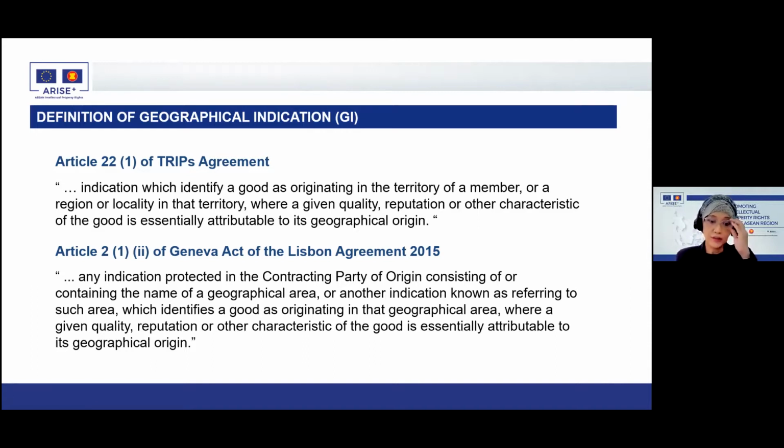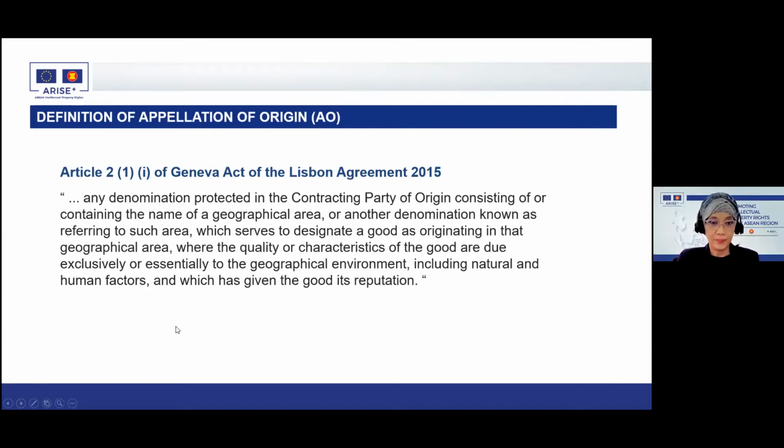But according to the Geneva Act, yes, it is an indication, but it can consist of a name of a geographical area or another indication. Now, after I reminded you about the history of the Geneva Act.